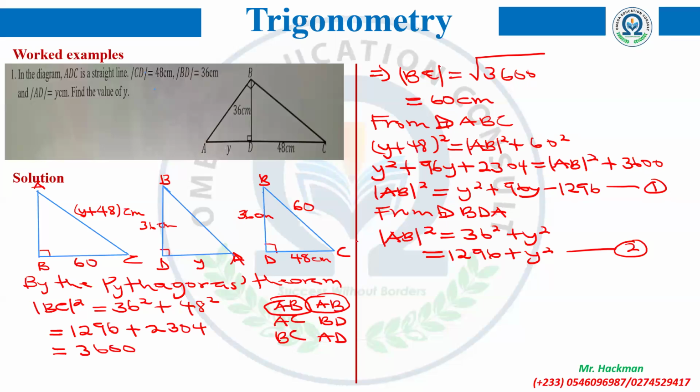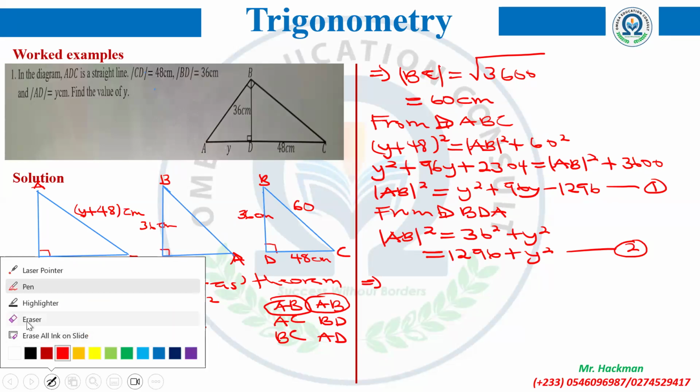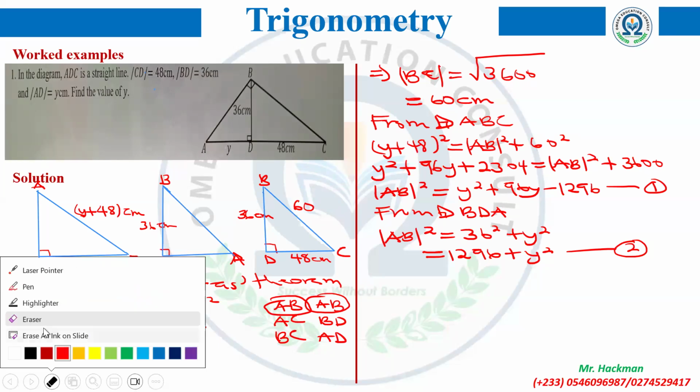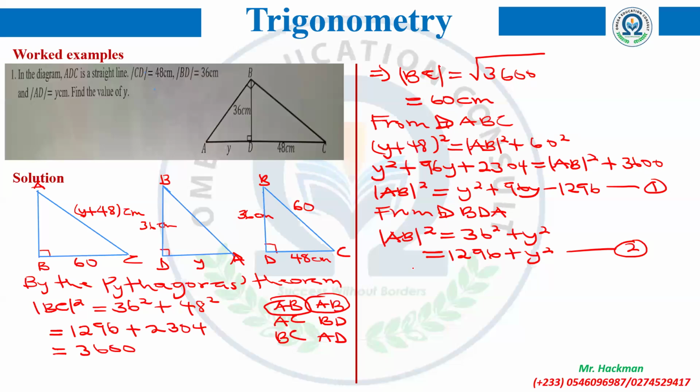So I can write that equation 1 is equal to equation 2 straight away. It doesn't mean that if you write implies, you are wrong, but it's better you write either but or you ignore. So I'll write equation 1 is equal to equation 2.